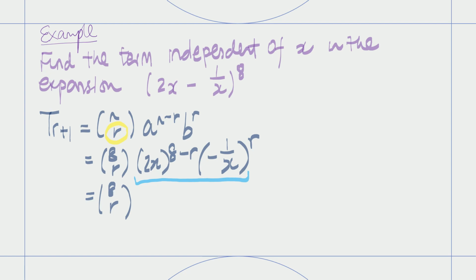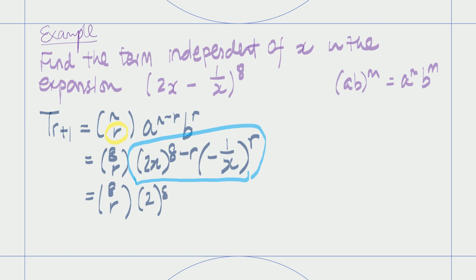That means I need to decompose this, box it up, and after that do a regrouping. I'll be using a lot of this rule. That will give me bracket 2 to the power of 8 minus r, x to the power of 8 minus r. Negative 1 over x, I can write as negative 1 times 1 over x to the power r.